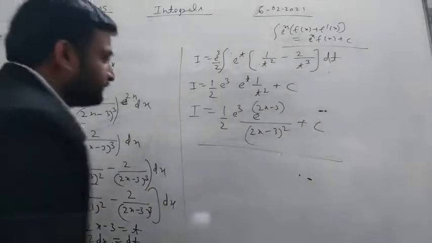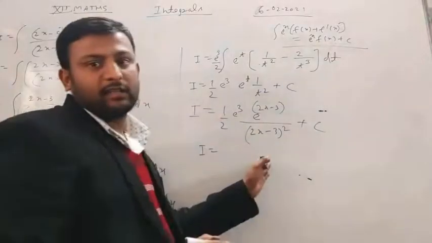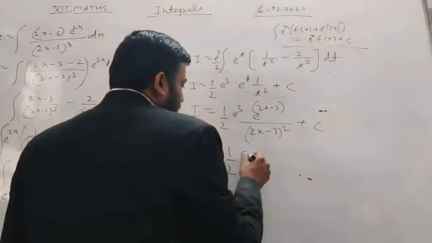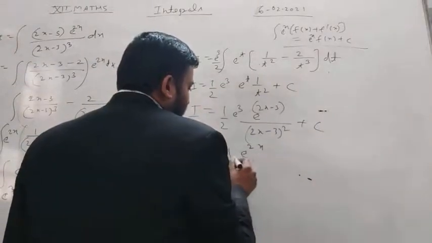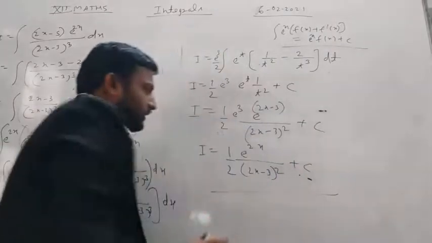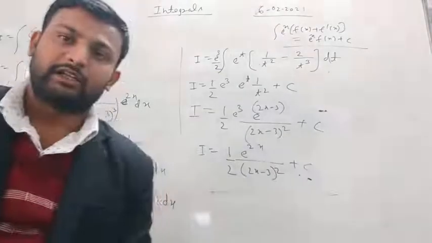Either this will be the answer, or we can simplify one step: 1 by 2, we can write 1 by 2, 2x by (2x minus 3) whole square plus c. So this will be our required result. I hope you understand students.